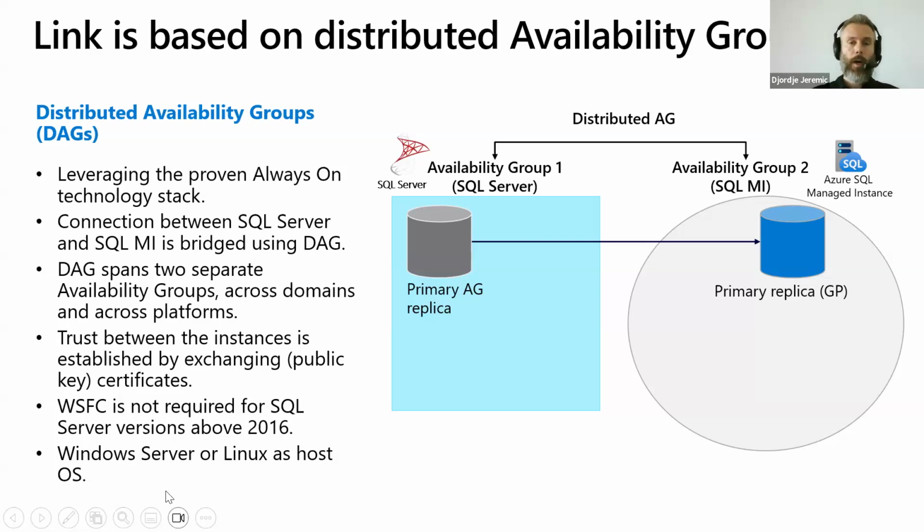In order to configure this distributed availability group, obviously you need to satisfy the connectivity requirement we talked about previously, but you also need to enable trust between your SQL Server instance and SQL Managed Instance.